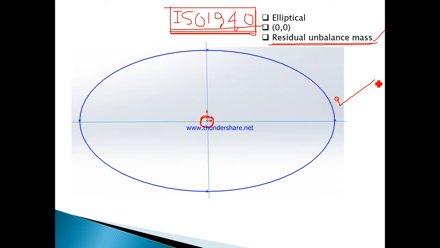So if the orbit diagram is in elliptical shape, even though the center of the ellipse is at the origin, we can conclude that there will be some residual unbalance.